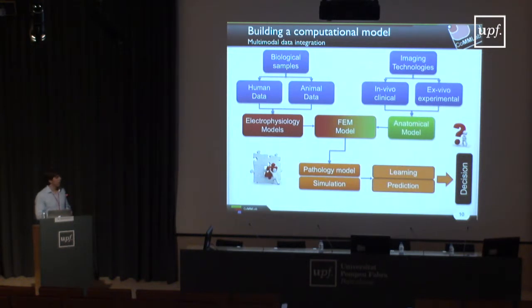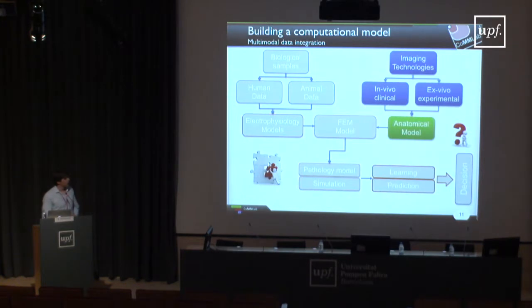So this can be information acquired from the patient, or it can be also what is called population-based data from animals or for another population. Then we want to combine that in a finite element model, model some pathology that we are interested in, perform simulations to predict the outcome of some treatment, to plan the treatment, or to learn something about the pathology, okay, and take decisions.